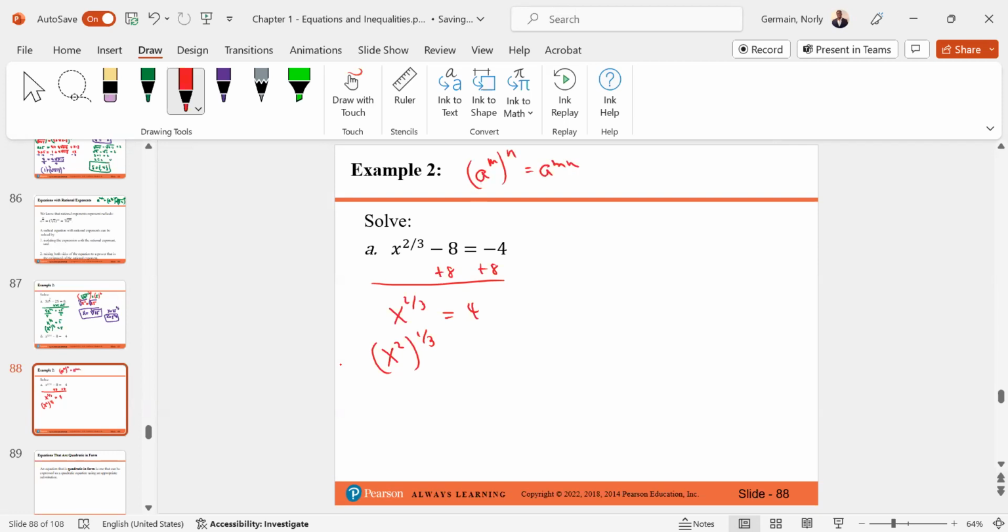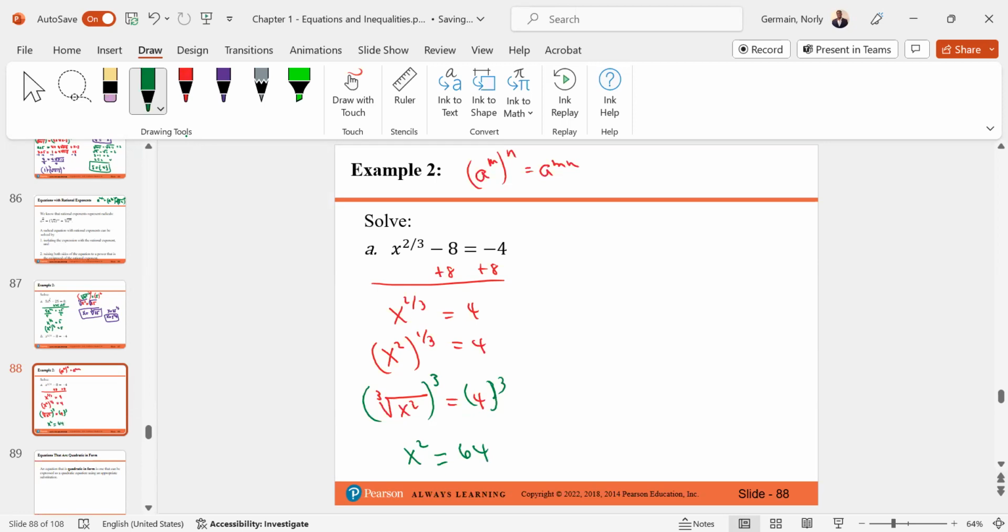So it equals 4. Now we have the cube root of x squared equals 4. In order to get rid of roots, we need to raise to the nth power. Because it's a cube root, we raise to power 3. So we have x squared equals 4 times 4 times 4, which gives you 64.